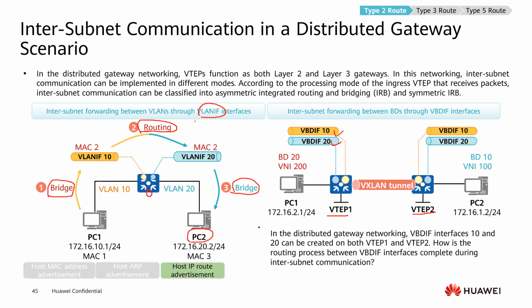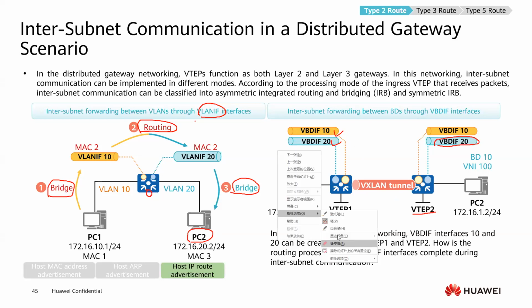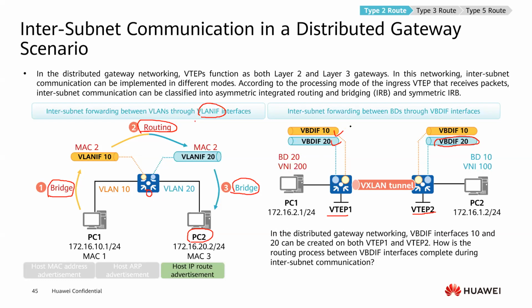With which one? VTEP 1 has VBDIF 20, and VTEP 2 also has VBDIF 20. So is the routing done with the VBDIF 20 in its local VTEP, or with the remote VBDIF? That can be a different process, and the different processes represent different ways. That is asymmetric IRB and symmetric IRB.